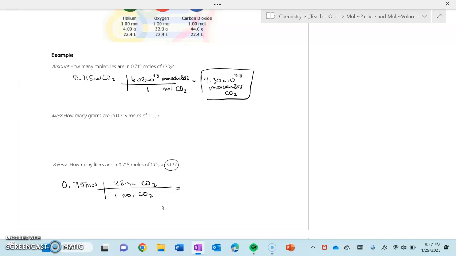And if we plug that into our calculators, we will get 16.0 liters of carbon dioxide. And again, that should make sense because we don't have quite a full mole. So it makes sense that we have a little less than 3/4 of a full mole of gas.